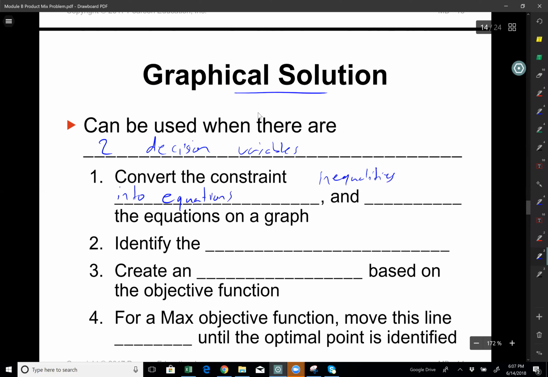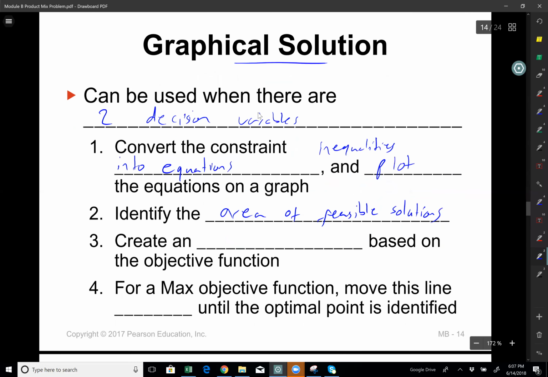Then, once we did this, we plot the equations on a graph. Then we identify the area of feasible solutions. And then we create an isoprofit line. Then, for a maximization problem, we move that isoprofit line outwards.